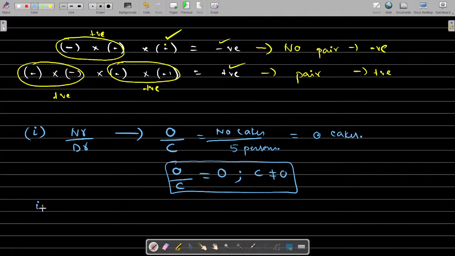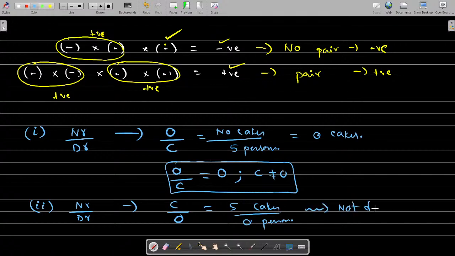Second case, the same numerator by denominator form, but C by 0, which means 5 cakes and 0 persons. The shopkeeper has baked full of fresh creamy cakes, but no persons coming there. What will happen? You cannot define the business. It's not defined.